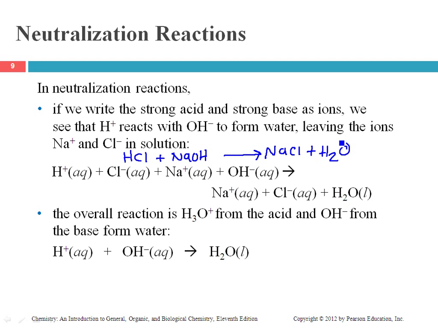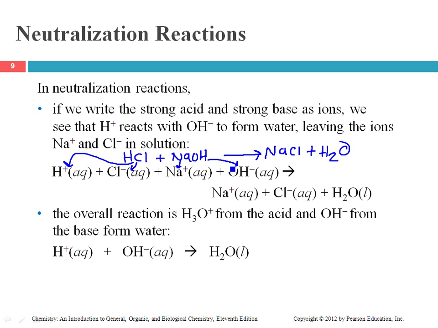Since we have a strong acid and a strong base, we pull them apart into their constituent ions, like we're ionizing each of them. So our HCl will ionize into hydrogen and chloride. We get an H+ and a Cl-, because chlorine is in group 7. Sodium is in group 1, so we get a +1 charge, and hydroxide is on our polyatomic ion list, but by now you probably know it has a -1 charge.